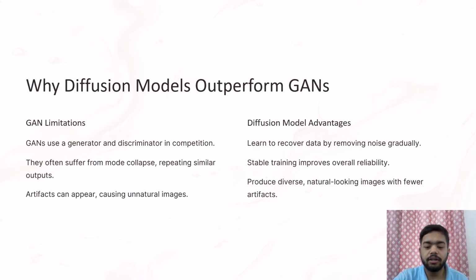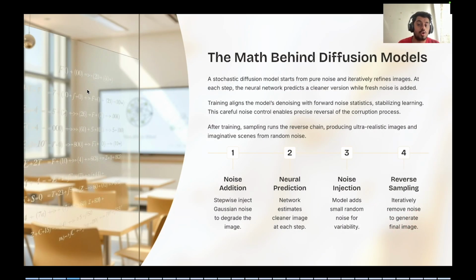As a result, the diffusion outputs tend to be much more natural and artifact free, whether you're generating faces, landscapes, or abstract art. Together, these strengths explain why diffusion models have rapidly eclipsed GANs in image generation benchmarks and in the creativity of their outputs.